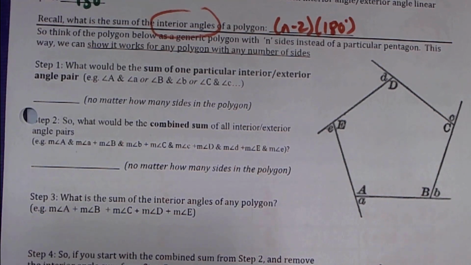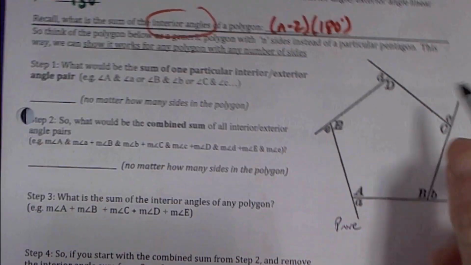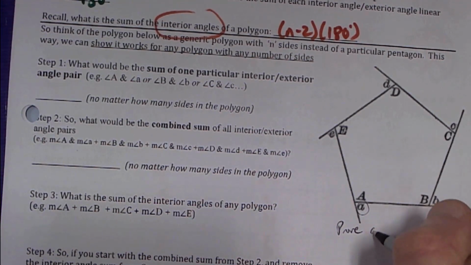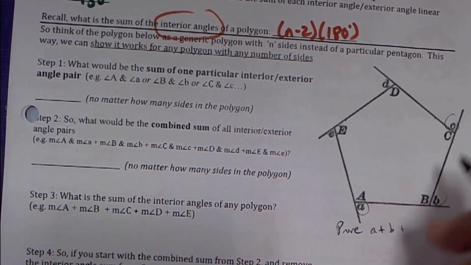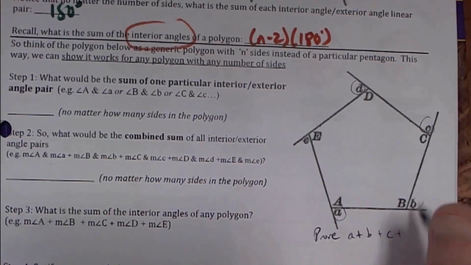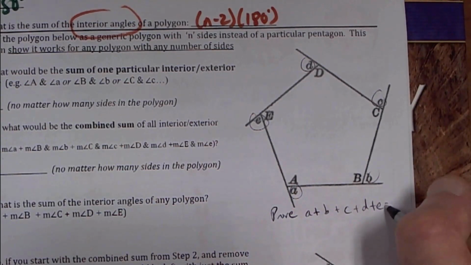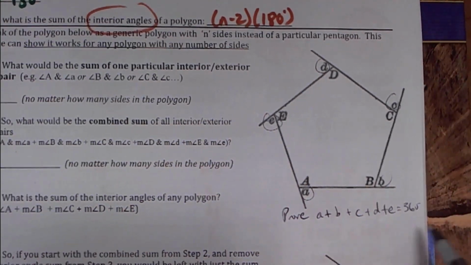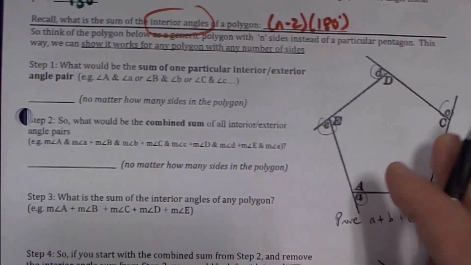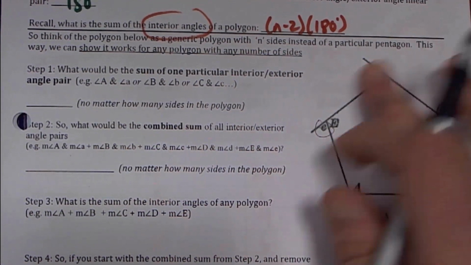So we're going to prove the exterior angles A plus B plus C plus D plus E, or for any polygon really, so if it was 3 sides, A plus B plus C is 360, no matter what, right? So we'll try to avoid using 72 degrees or 90 degrees. It's just these letters here.